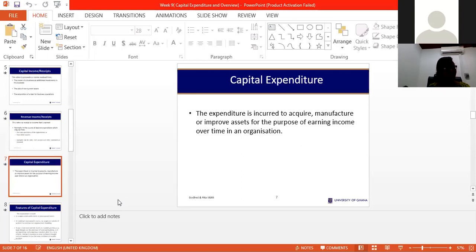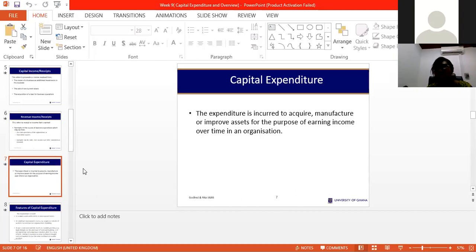Capital expenditure is any expenditure incurred to acquire, manufacture, or improve an asset for the purpose of earning income. So any expenditure that a business incurs to acquire an asset.